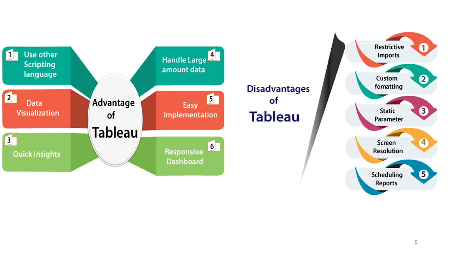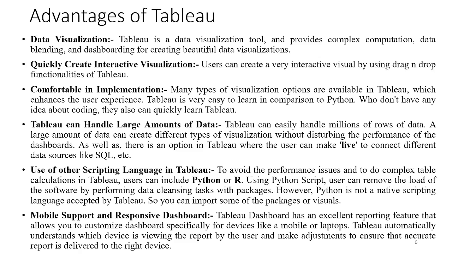Screen resolution: sometimes we create the dashboard on my system, and my system's resolution is different, and someone uses the dashboard on his or her system, so it will affect the resolution. The screen resolution will vary according to the desktop. Scheduling reports means if you have one task, two tasks, we can schedule these things, but we cannot do this in Tableau.